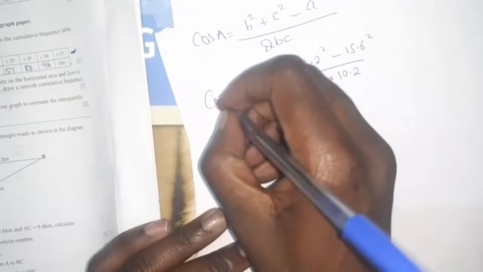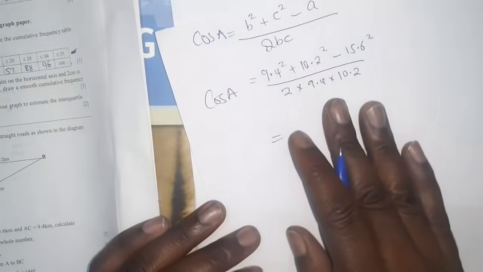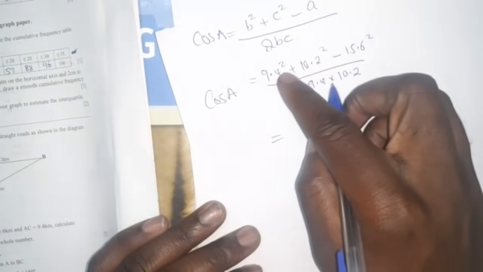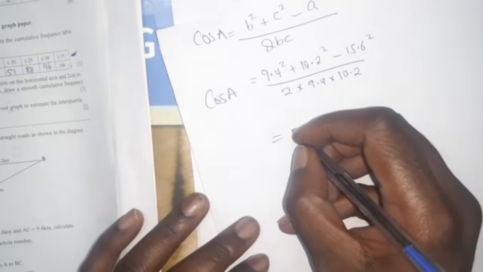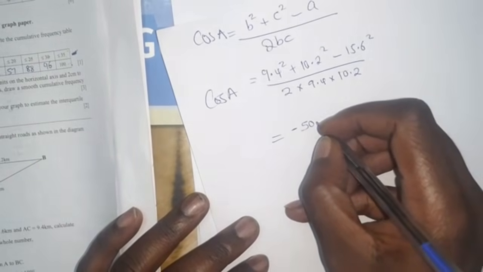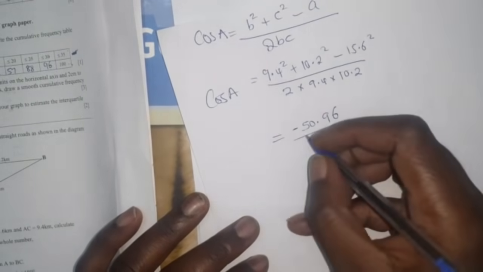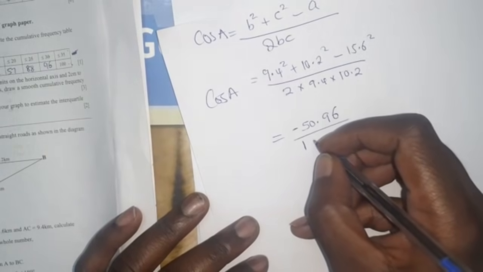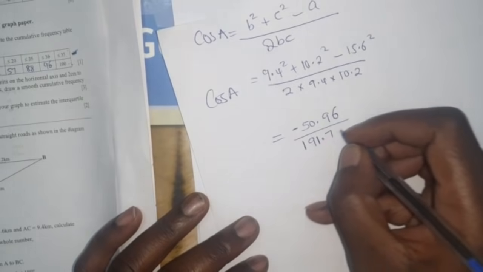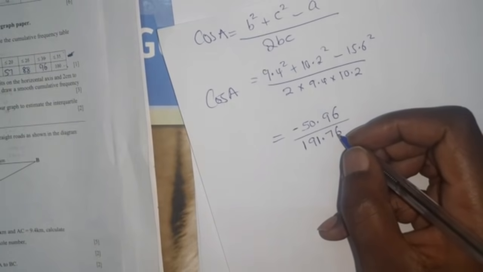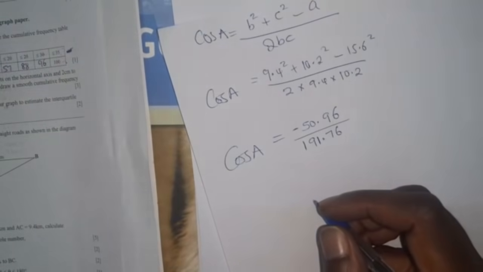Okay, cos A. So when you work this out on your calculator, it will give you negative 50.96 over 191.76. Okay, cos A. Are we together?